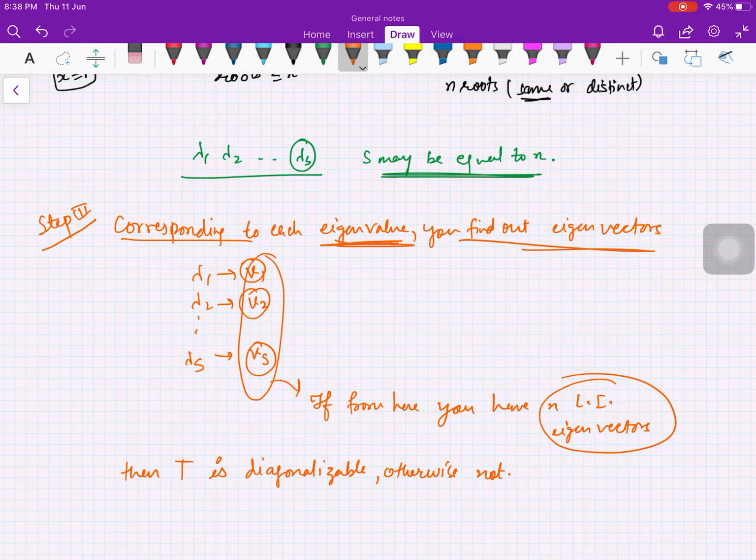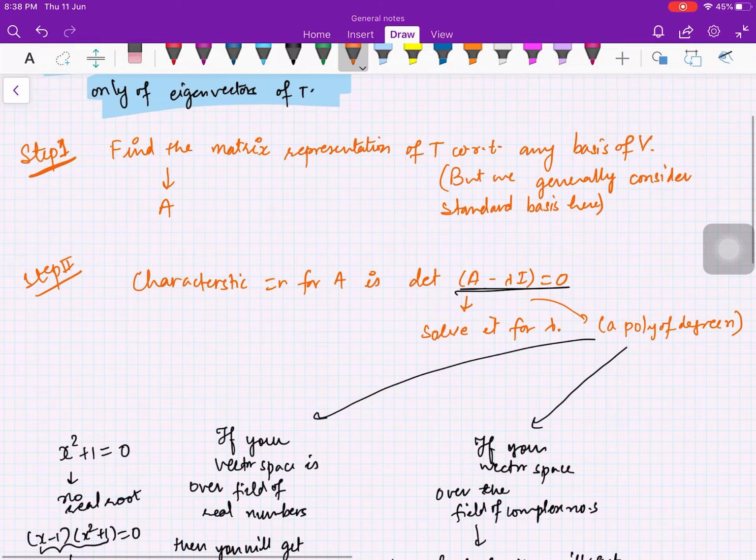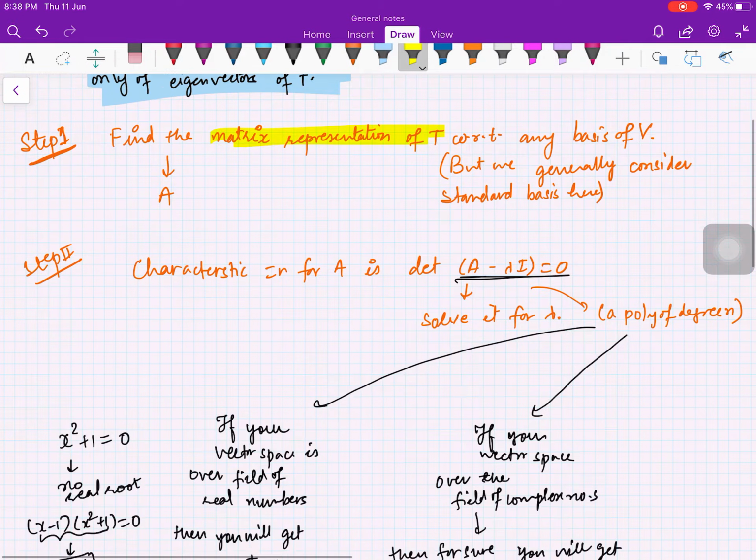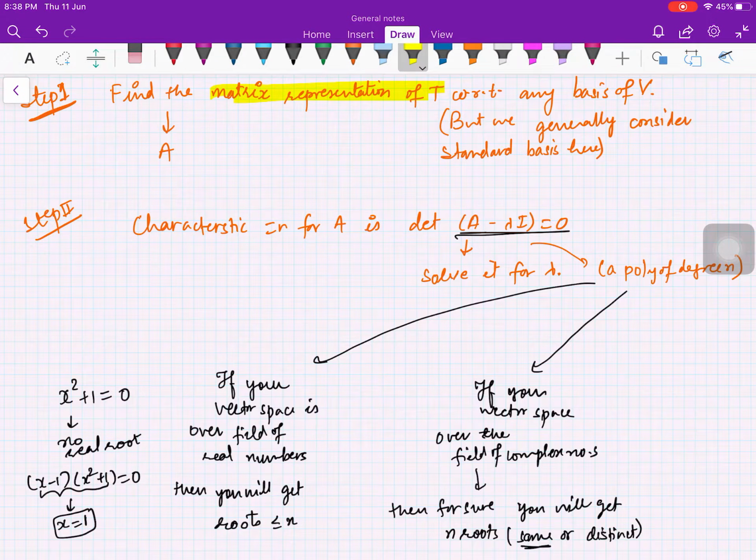Now let us see how we are going to get the diagonal representation. So this is the algorithm that you will follow. You are given T, so you will find the matrix representation of T. Sometimes you will be given A itself in the question.